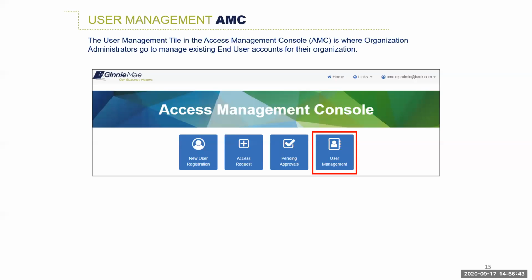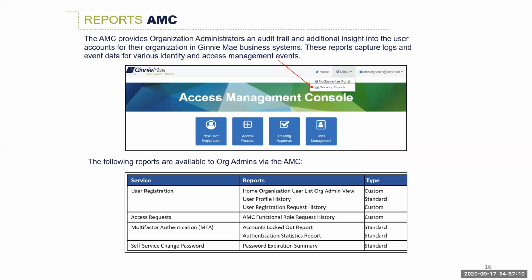Now that your users are in MyGinnieMae and they need help, their account has been disabled, they need a new functional role, you need to check on the status of functional roles. Anything else that you need to do now that that user has been established is going to be done right here under user management. So that tile on the far right hand side, and the instructions that we're about to go through are all completed using that user management tile. Okay, next slide.